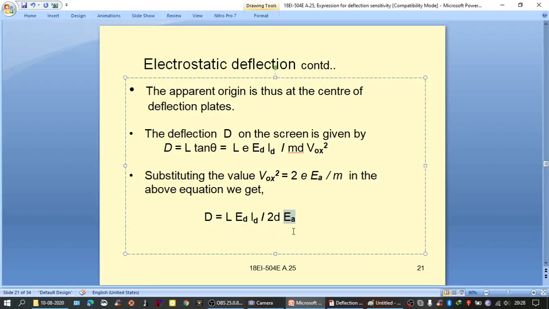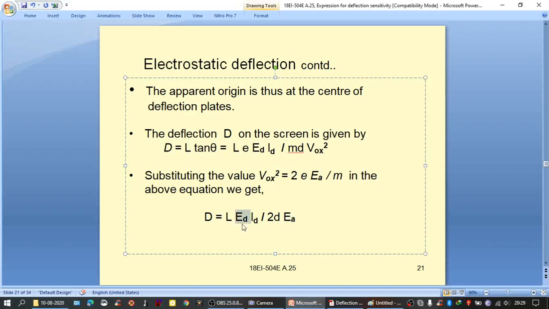Now what is the expression for deflection sensitivity? Deflection sensitivity is defined as the amount of vertical deflection of electron beam for unit deflecting voltage. Here the deflecting voltage is Ed.